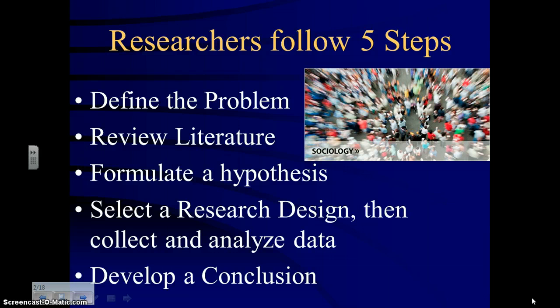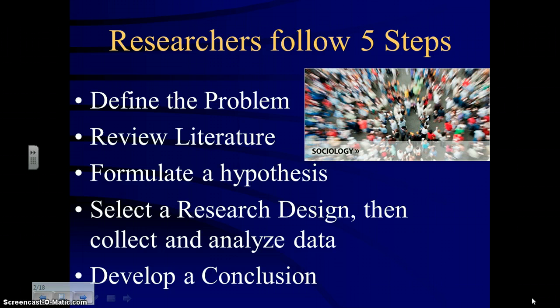Eventually, we form our hypothesis. We'll talk a little bit more about this in just a minute. And then after we decide on a hypothesis, we're going to select a research design. In other words, what method of research are we going to use to get our data? And then once we get the data, we're going to analyze it and develop a conclusion.